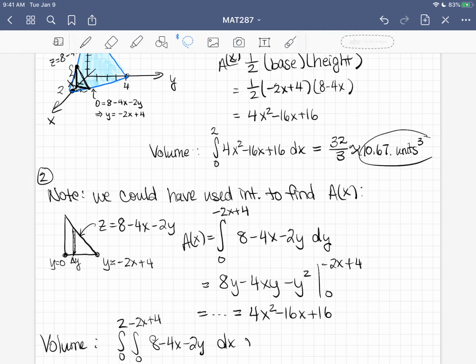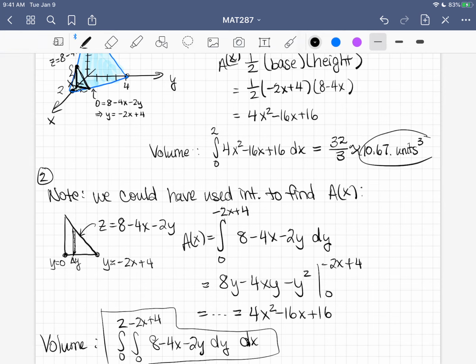Let me make some space here. Okay. So I can represent the volume with a double integral. And that is exactly Fubini's theorem. I am actually going to jump to the book and show you Fubini's theorem rather than writing it out.